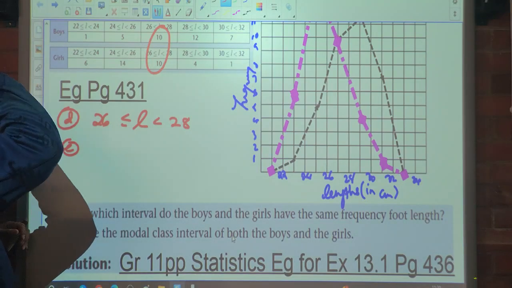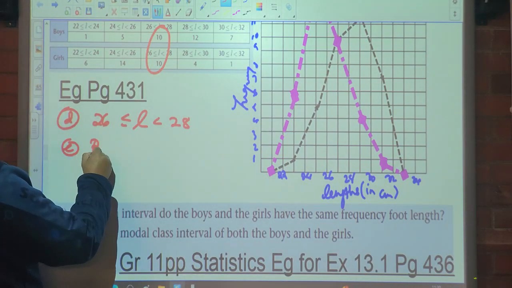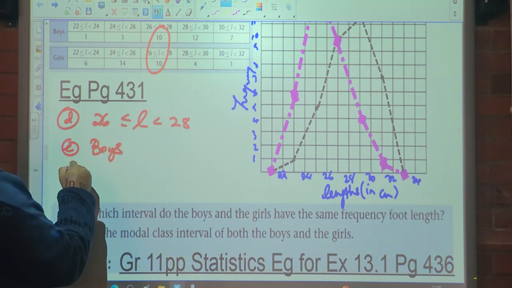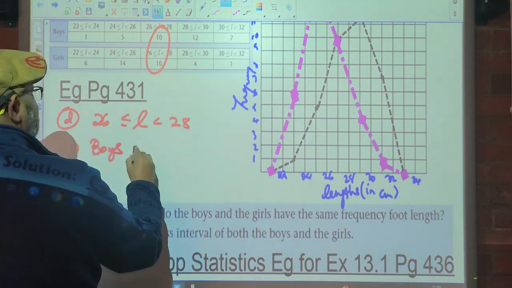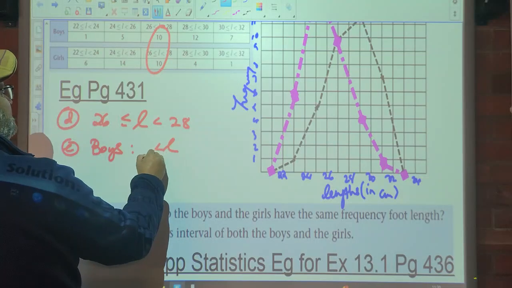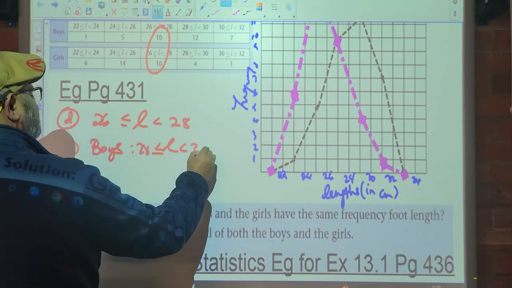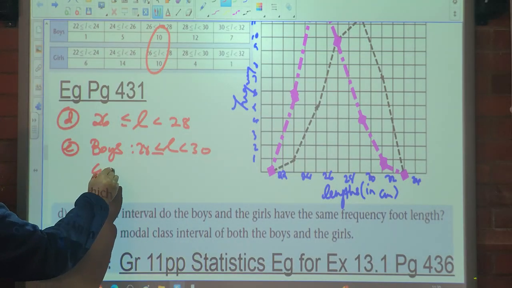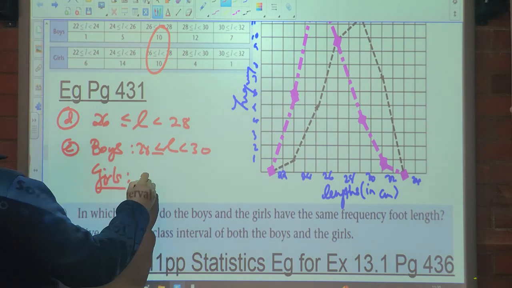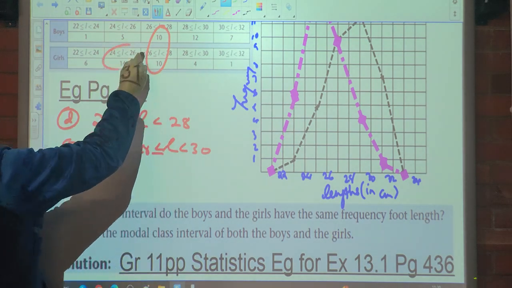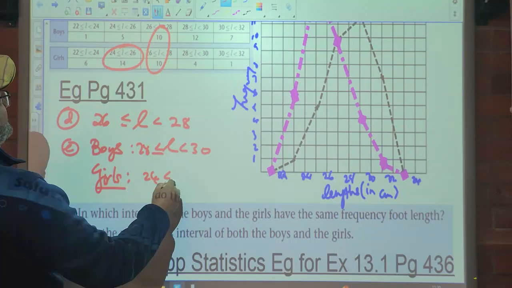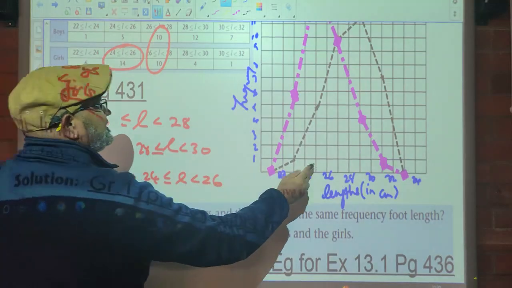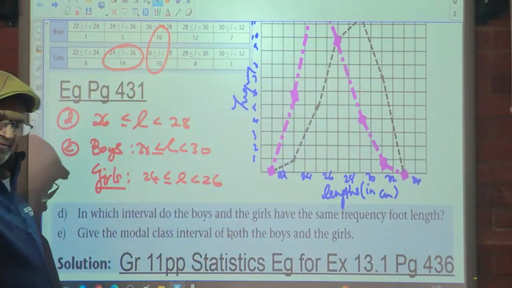The modal class is the class with the most. So the boys, the modal class here is 28 to 30, and the girls is 24 to 26. Otherwise, you're going to pick it up here as well from the graph.